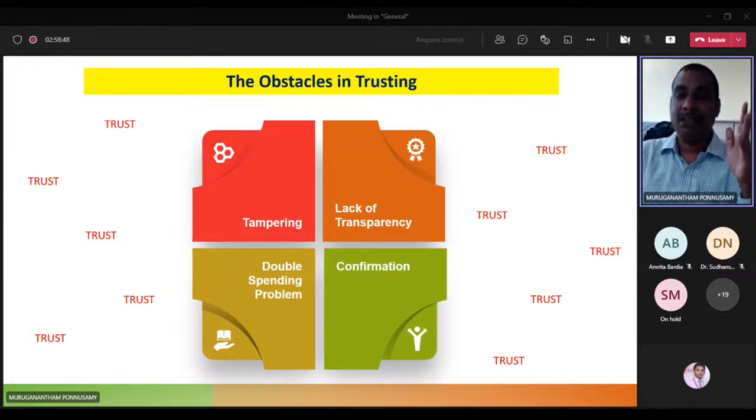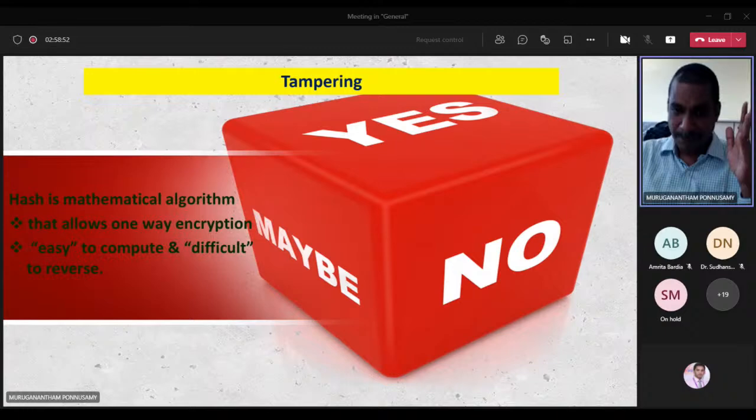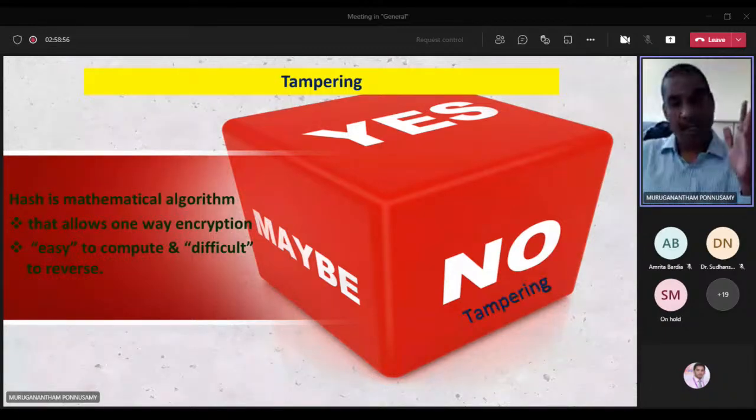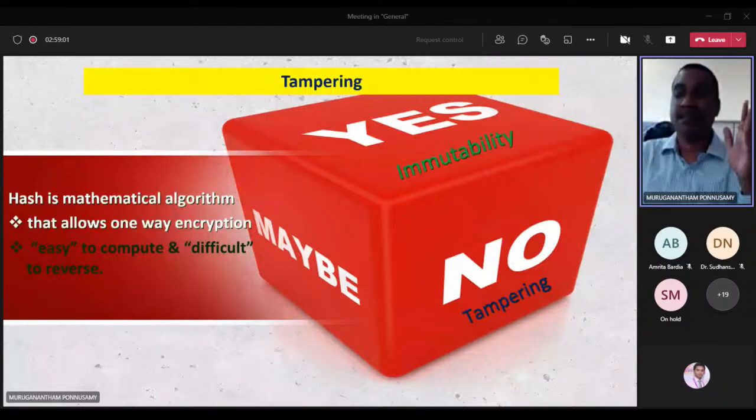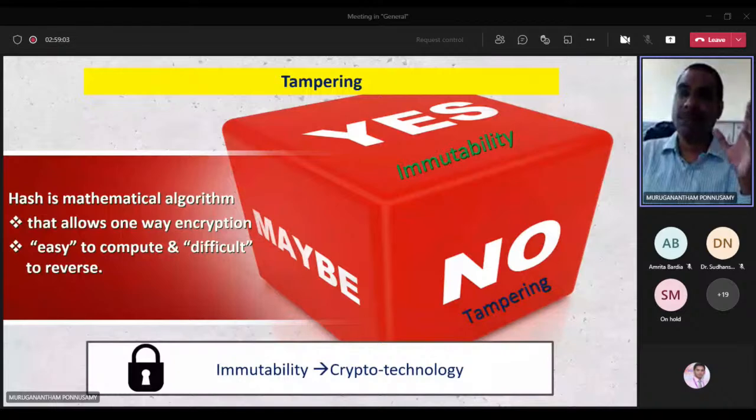This is what I told. Tampering is not at all possible because it is a mathematical algorithm which allows one-way encryption, and it is easy to compute and difficult to reverse. This is called immutability, or in technical terms, we say crypto technology.